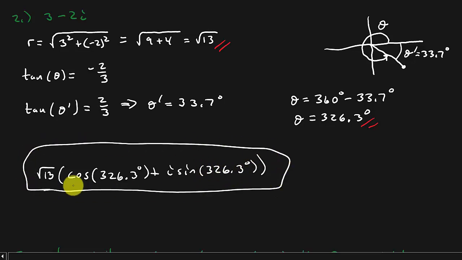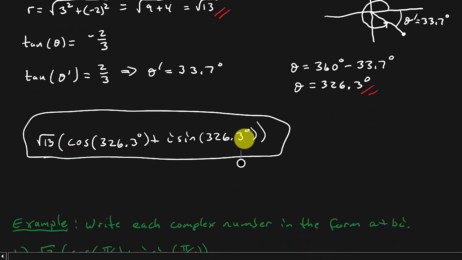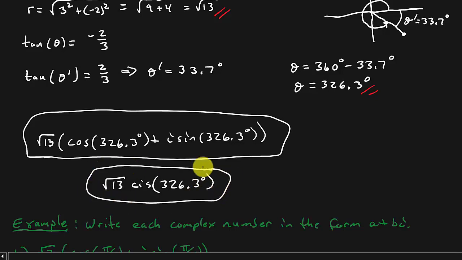There's the trigonometric form. Now, if we wanted to write it in that abbreviated form, we could write it how? That would be square root of 13 and then the cis 326.3 degrees. So either one is acceptable. This is written out, this is abbreviated.